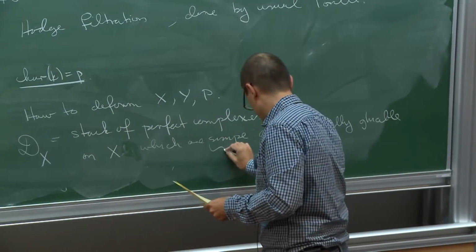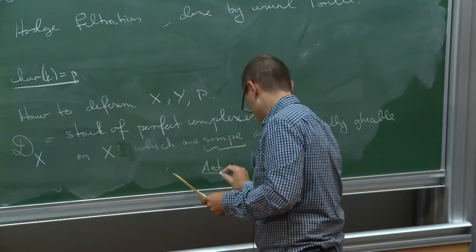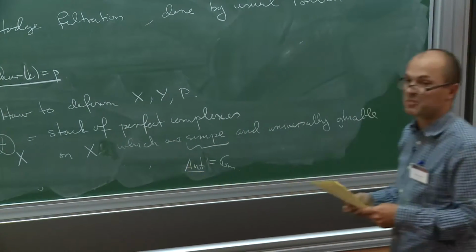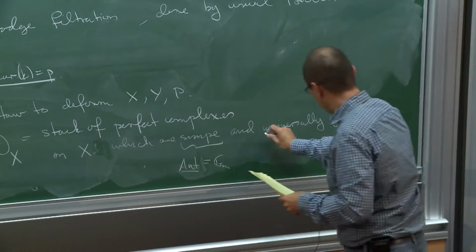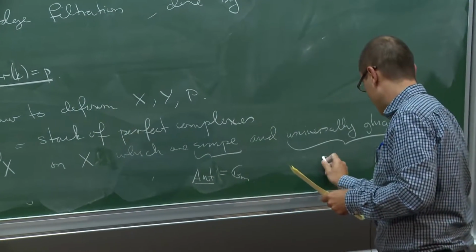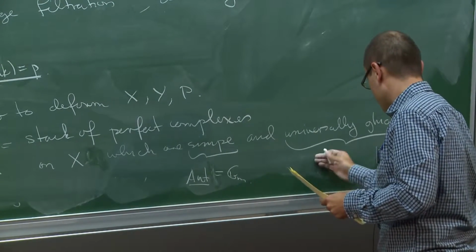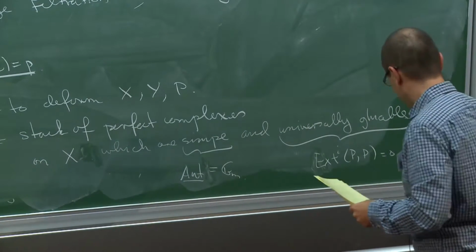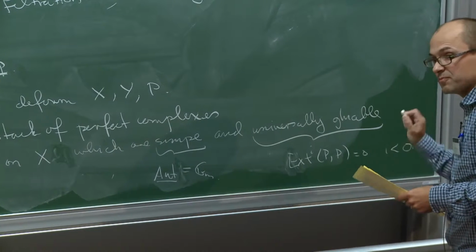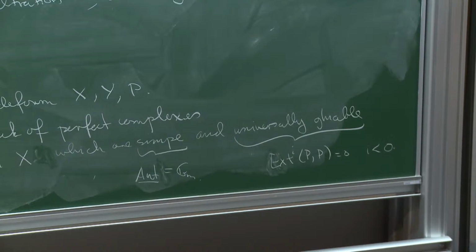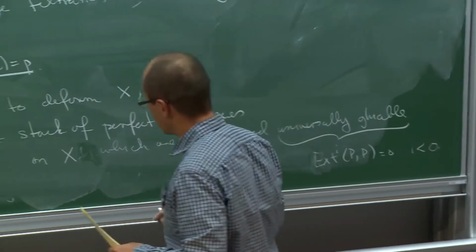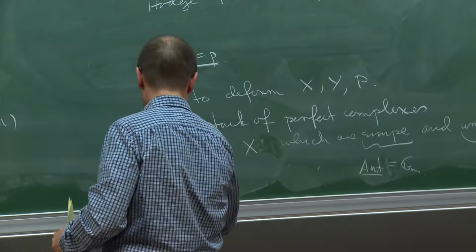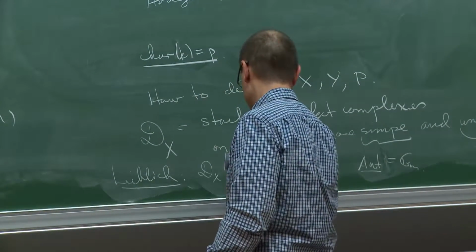Simple means that the automorphism functor is just G_m, so it looks like a simple sheaf. And universally gluable means that Ext^i(P, P) is 0 for i less than 0. Okay, so you impose some condition, and if you impose these conditions, then this is an old paper of Lieblich, which is that this is an algebraic stack.